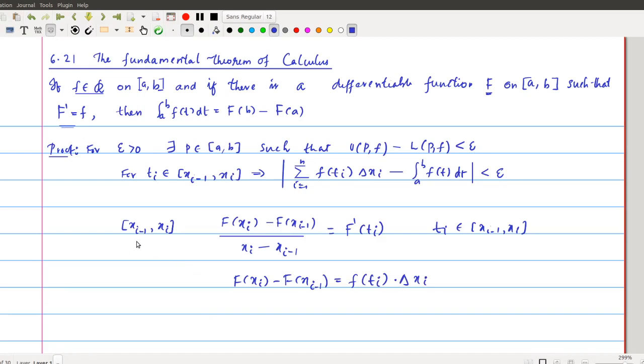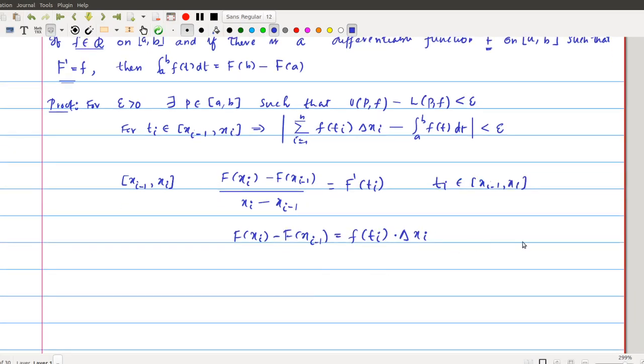Now if we collect all these equations from each of these subintervals, this is true for i equal to 1, 2, 3, etc. up to n, and we sum up all these equations. We get F(x1) minus F(x0) equals f(t1) times delta x1, plus and so on, until finally F(xn) minus F(xn minus 1) equals f(tn) times delta xn.